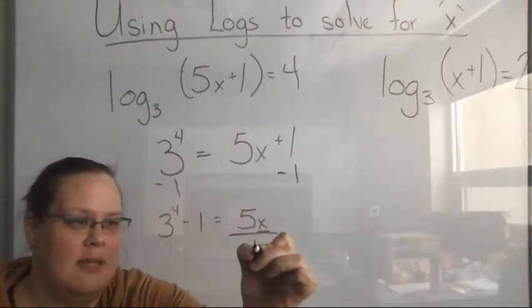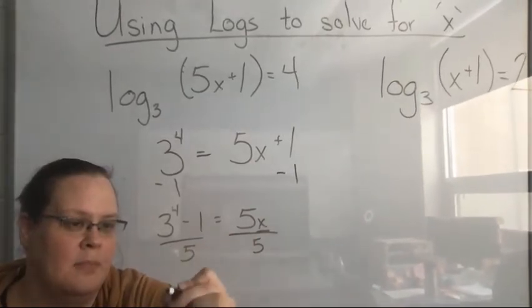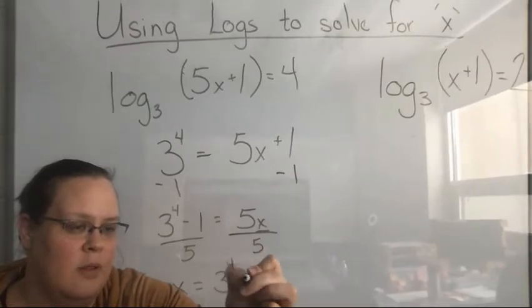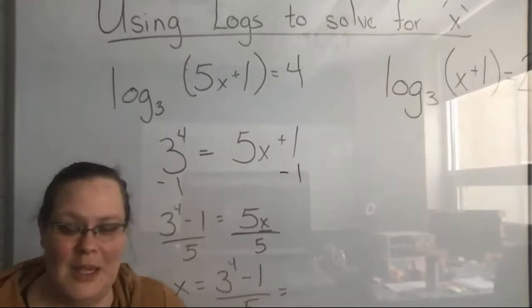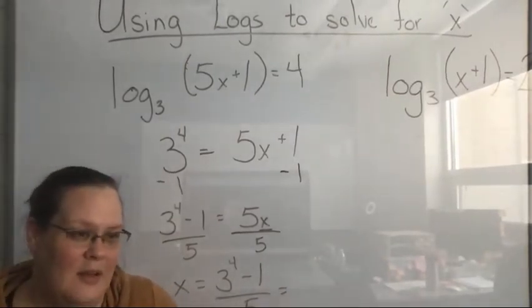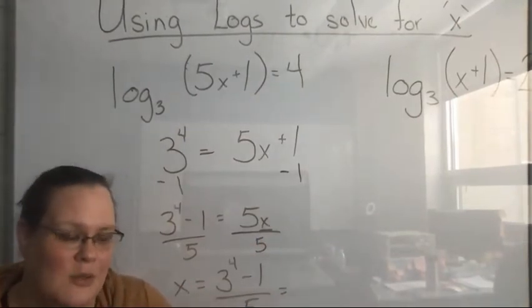So here we need to keep going, dividing both sides by 5. We're going to get x is equal to 3 to the 4th minus 1 divided by 5. Now let's take a look at that. We could plug it into our calculator, right, and find the value. But I want to break this apart and take a closer look at it.